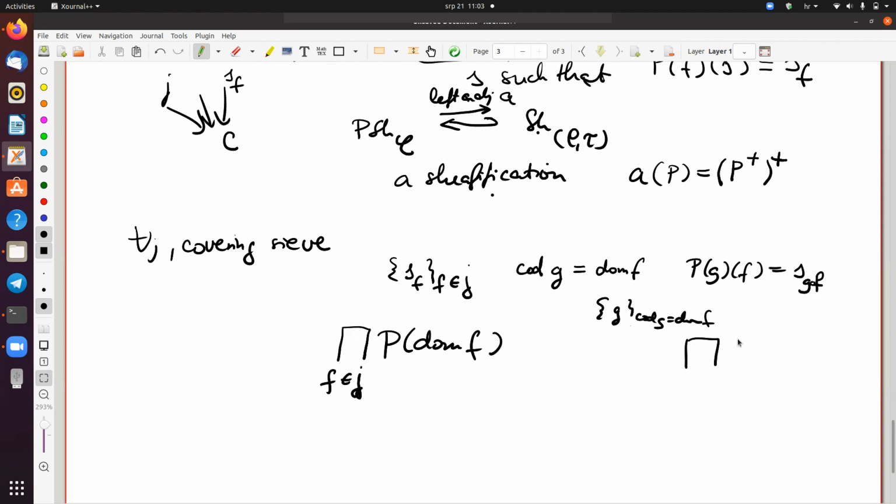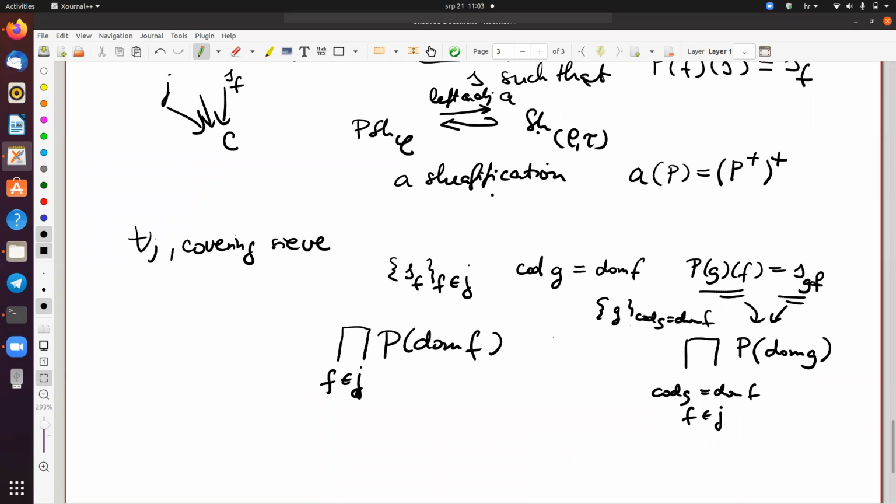And so they live in the product of domains of G, this S of G composed with F, and this guy. So these both live here: domain G, where codomain G is domain F, and F is in J.